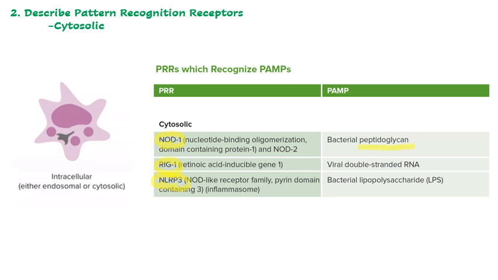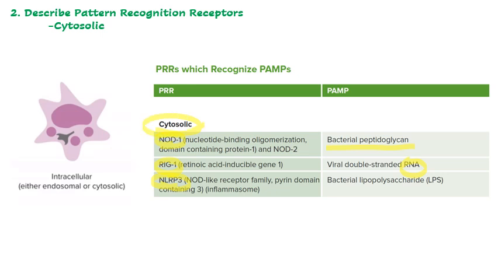They are going to bind to some sugars on bacteria, okay? Now, RIG1 is going to bind RNA stuff, so viral double-stranded RNA that is floating in the cytoplasm. These are all cytosolic or cytoplasmic, floating around PRR, okay?